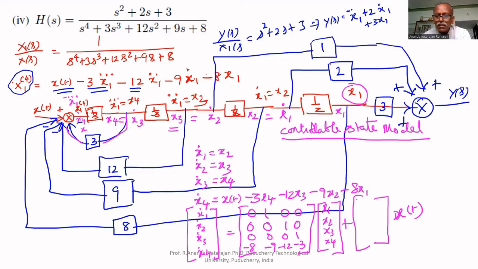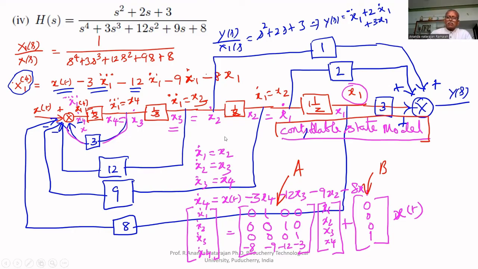And this has x of t, let's say 1. All others have no x of t, therefore 0. That's all. This is the A matrix, and this is the B matrix. This is the controllable state model.